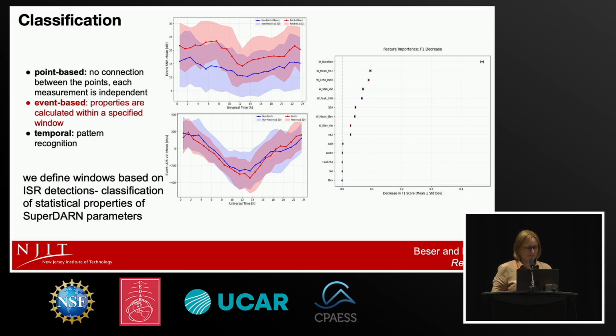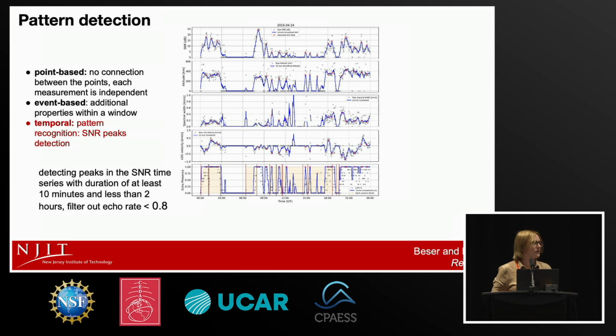So then, the temporal evolution of the signal. And here's an example of an observation. The methodology is that we take the SNR time series and detect all the peaks that we can.